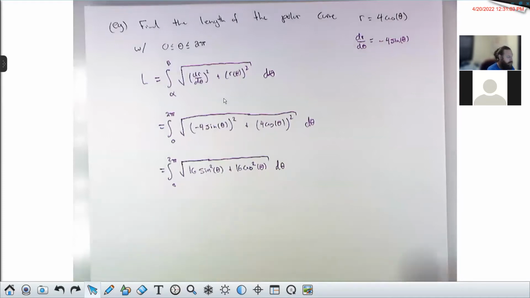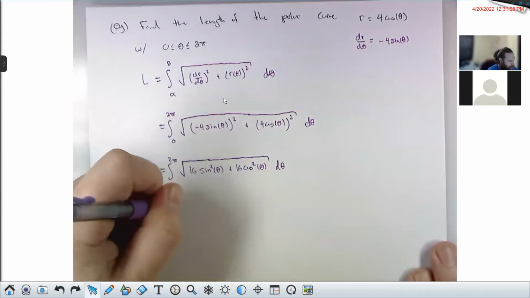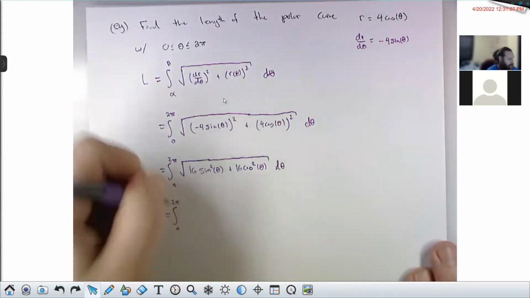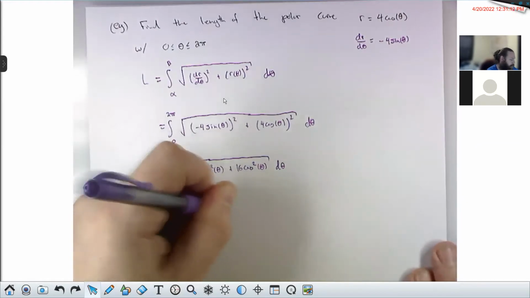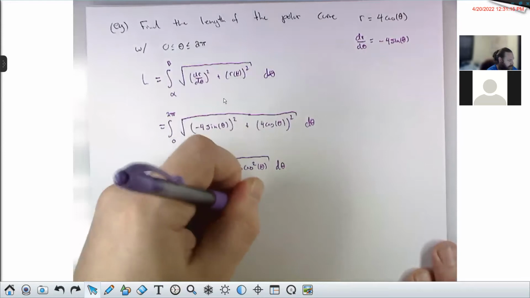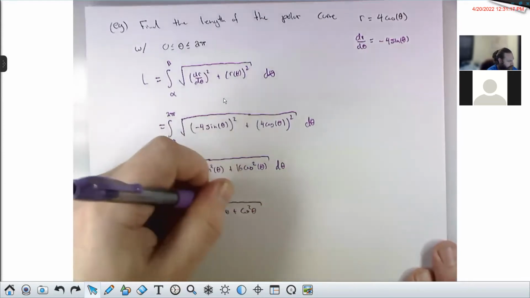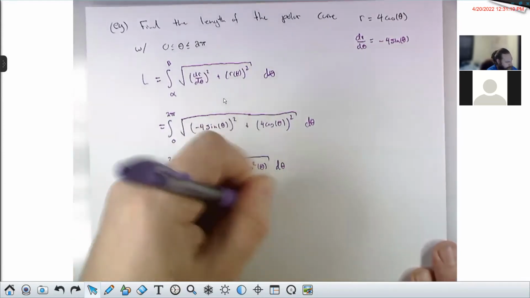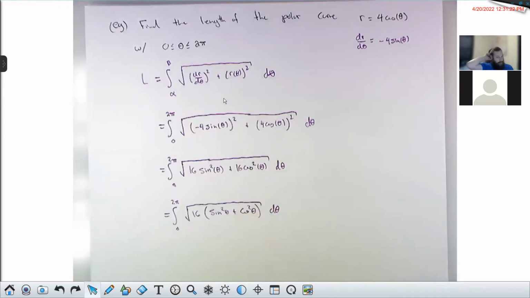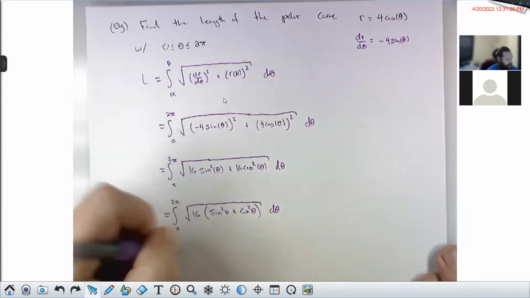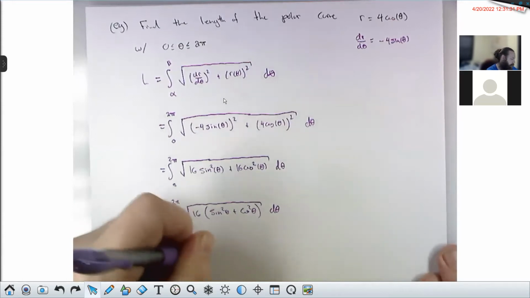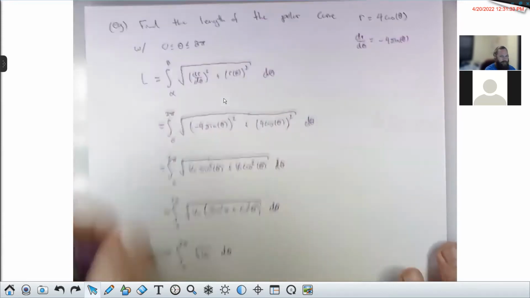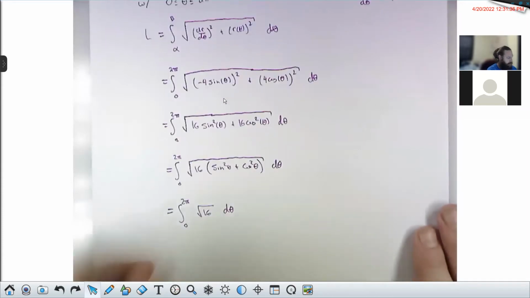You can factor out a 16 within that radical, and you have sine squared theta plus cos squared theta. And sine squared plus cos squared is 1. That's the integral from 0 to 2 pi of the square root of 16 d theta. And the square root of 16 is just 4.